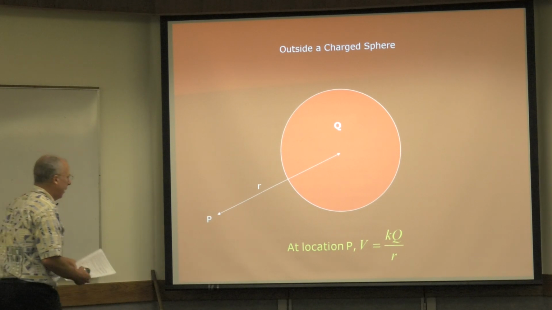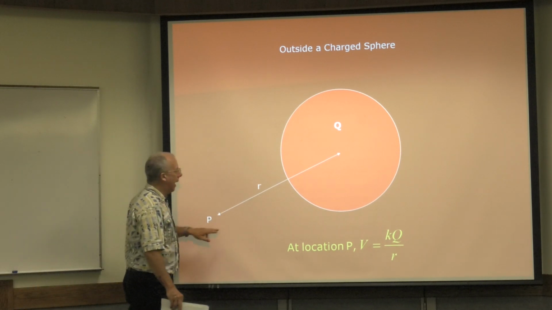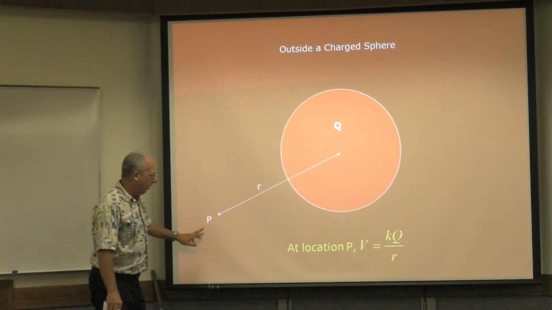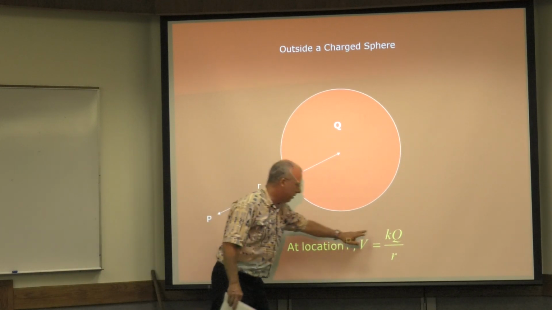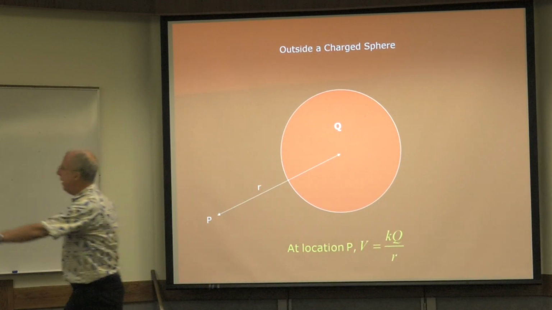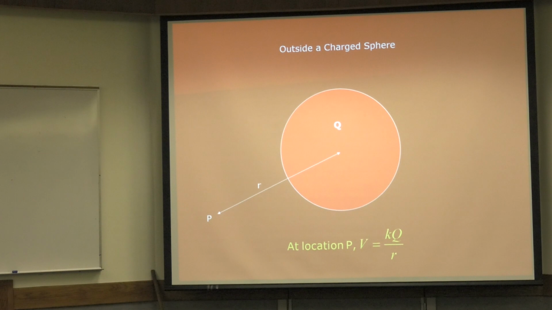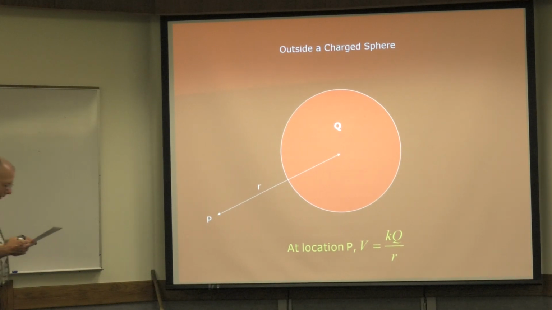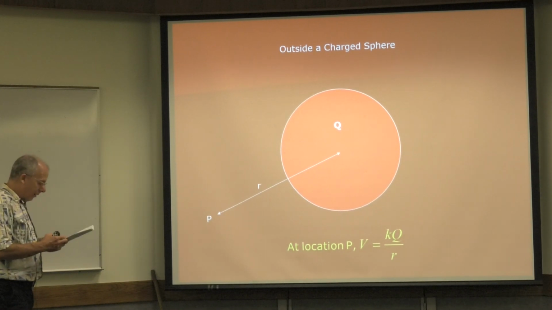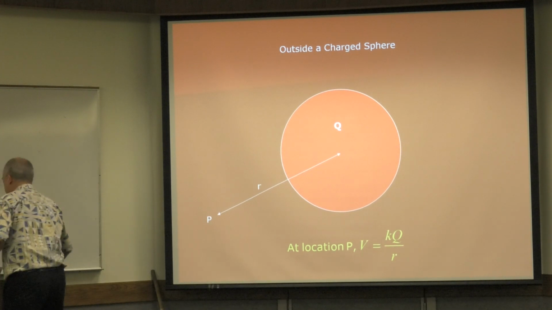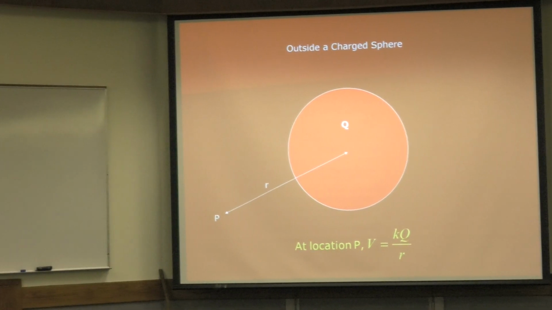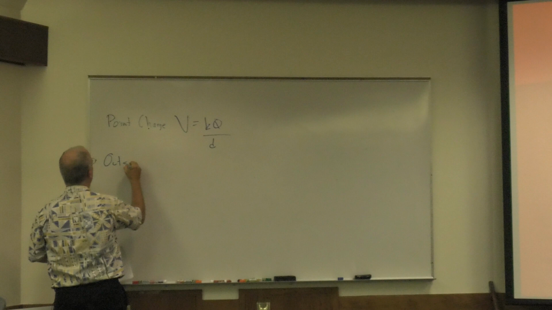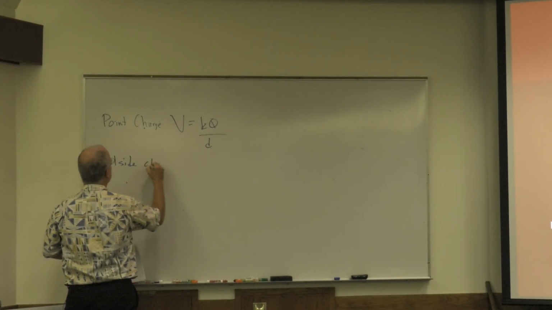So at some location P outside, the potential is the same as we have here. Life is good. So we have the point charge, and then we have outside a charged sphere.